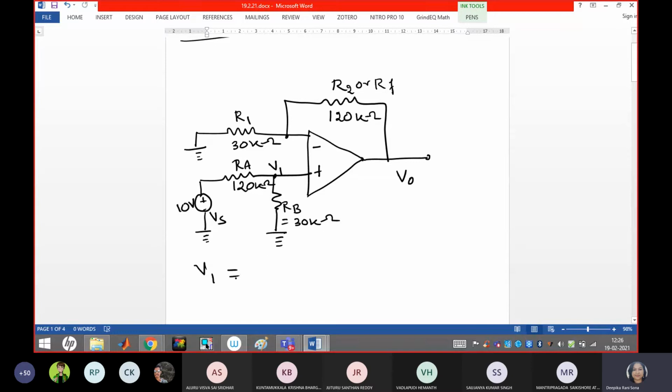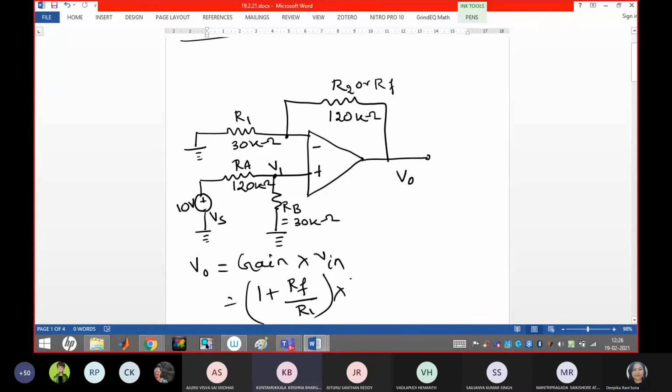Okay, before that you tell me what is the V0 for the entire circuit, guys? The first part is done. We have drawn the circuit from the statement of the question. Now we have to calculate the output voltage, the amplifying output voltage. So what is the equation for that? Can you tell me? 1 plus R2 by R1 into V1. Why is it 1 plus RF by R1? Inverting circuit.